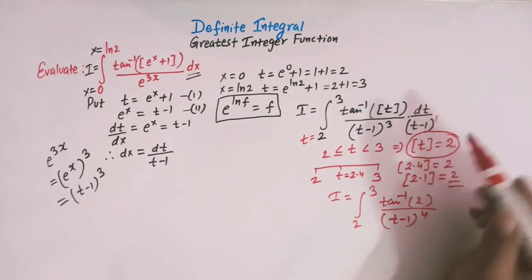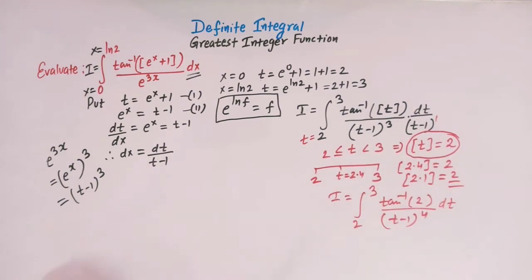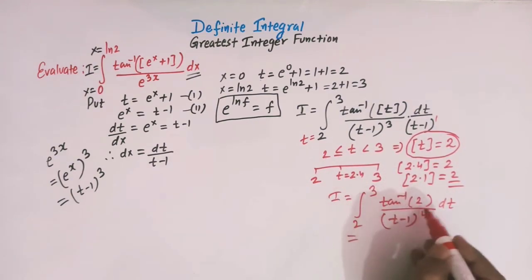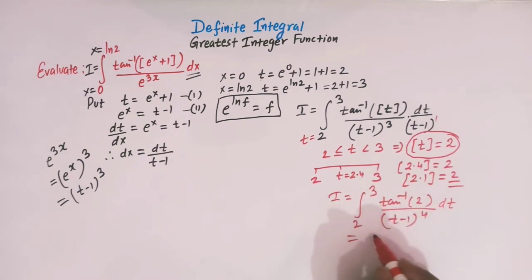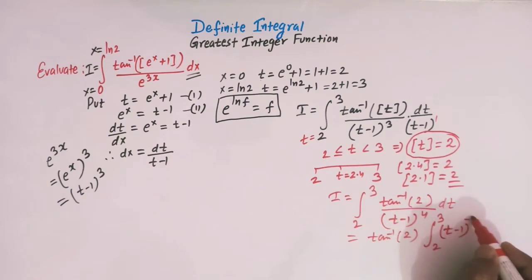Here we have power 3 plus 1, that is 4, and dt. Now tan inverse of 2 is a constant, so we can take it out. We have tan inverse of 2 times the integral from 2 to 3 of t minus 1 raised to minus 4 dt.